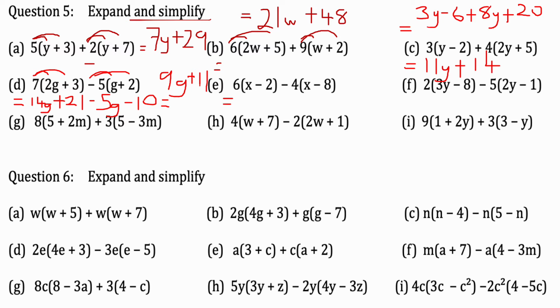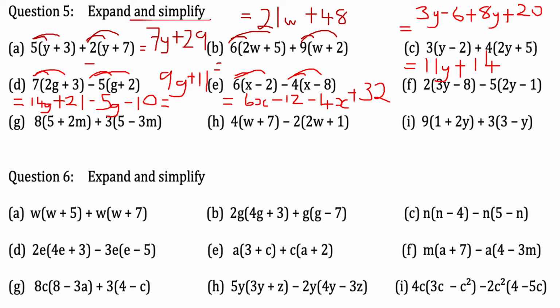Part E, guys, 6 lots of x is going to be 6x, and 6 lots of negative 2 is going to be negative 12, because a positive times a negative gives me a negative. Minus 4 lots of x, which becomes minus 4x, and negative 4 times negative 8 is positive 32, because a negative times a negative becomes a positive as the sign of my answer.